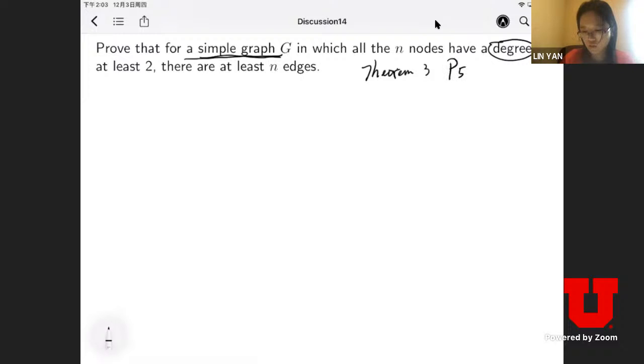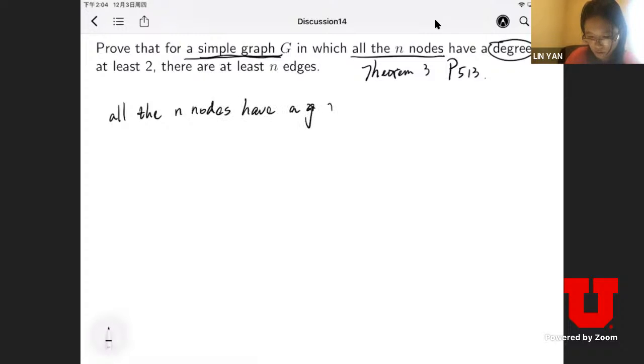Page 513. Okay, as given, all the n nodes have a degree of at least 2.